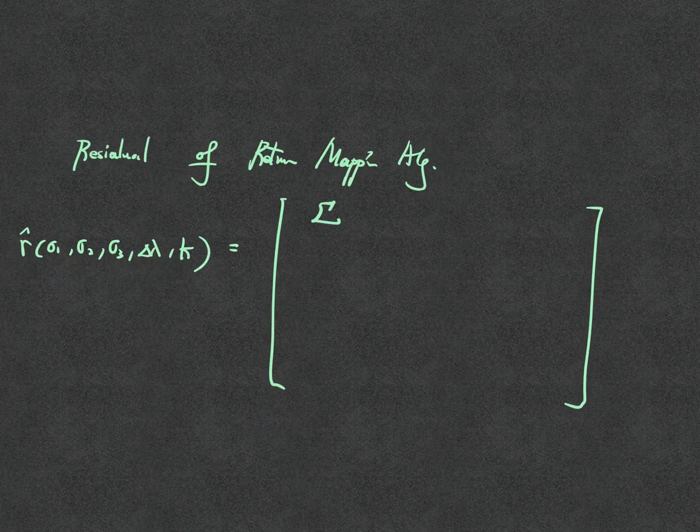The first term would be corresponding to what? It would be corresponding to epsilon E1 minus epsilon 1 plus delta lambda G1.